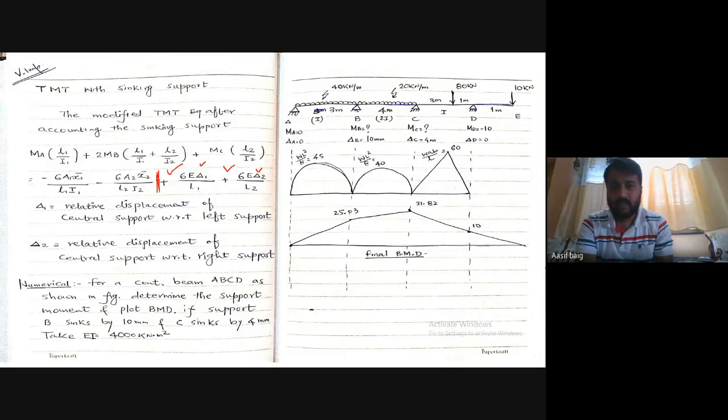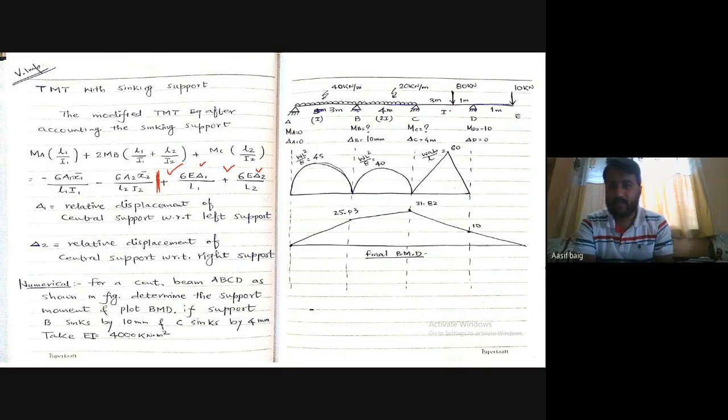So the numerical is given as ABCD span, where A, B, C, D are hinge supports. AB span carries a uniformly distributed load of 40 kilonewton per meter over a span of 3 meter, having moment of inertia I. BC span has a length of 4 meter, having moment of inertia 2I, and over its span a uniformly distributed load of 20 kilonewton per meter is applied.